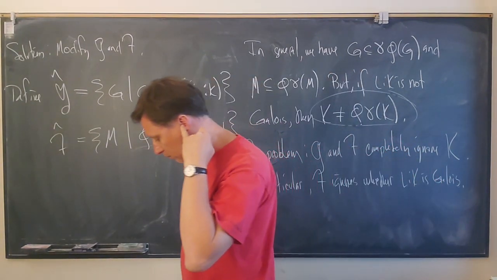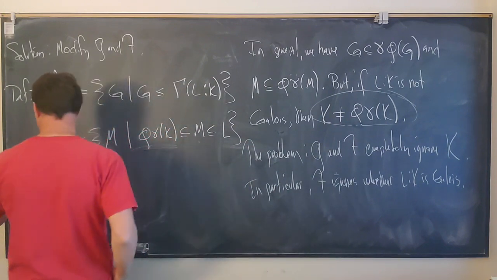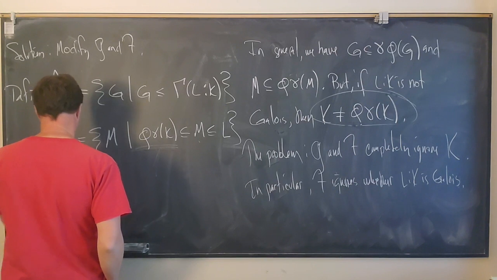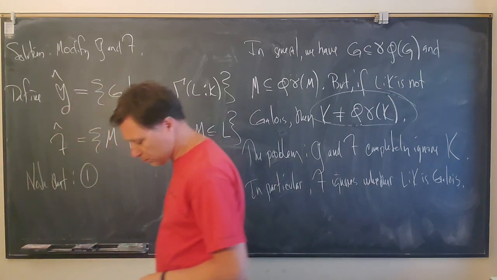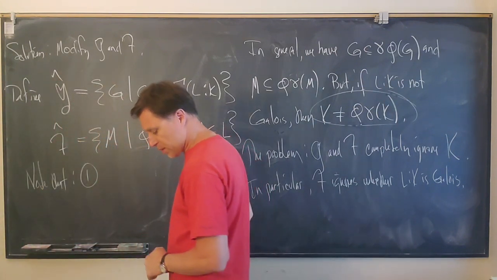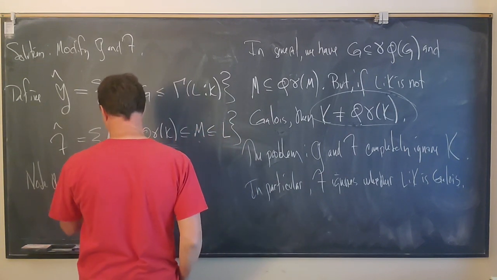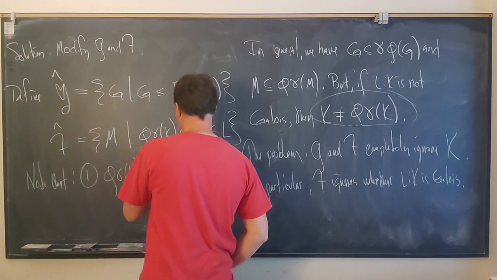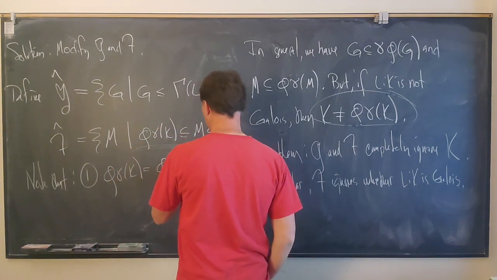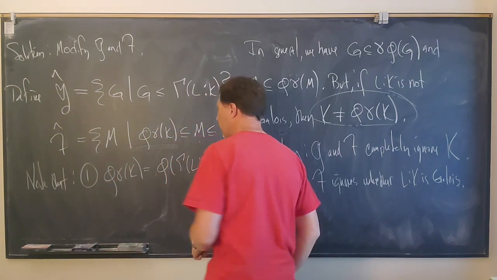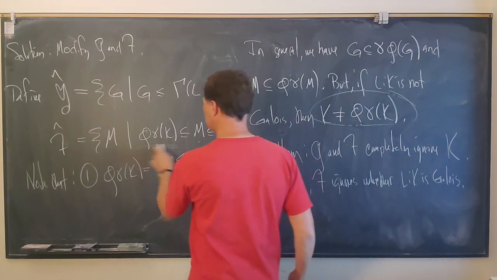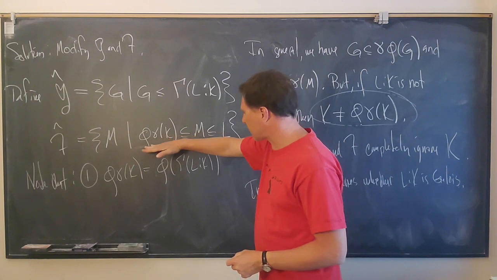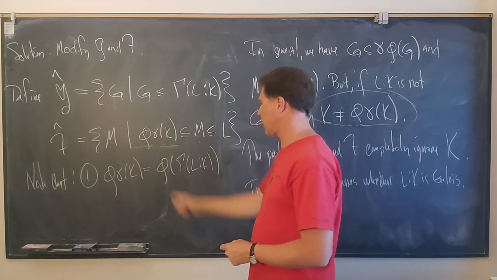Now, let's say a couple things to note here. The first one, just remember that phi gamma of K is the fixed field of the Galois group of L over K. So that's what's going on right there.